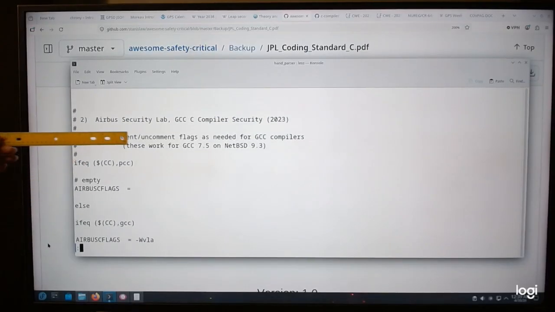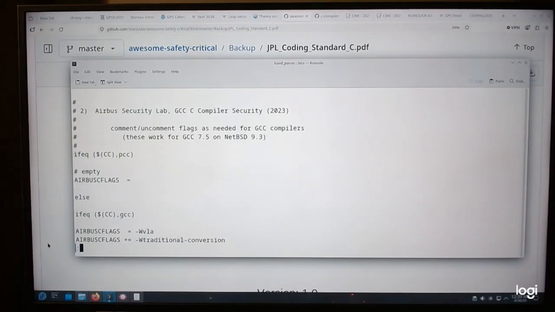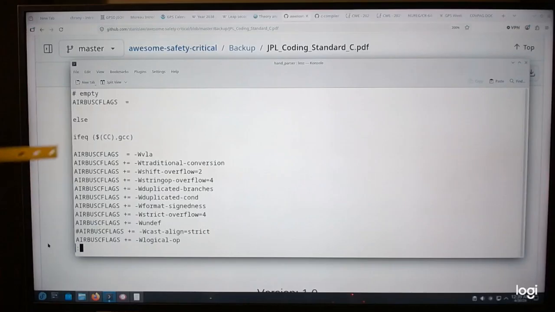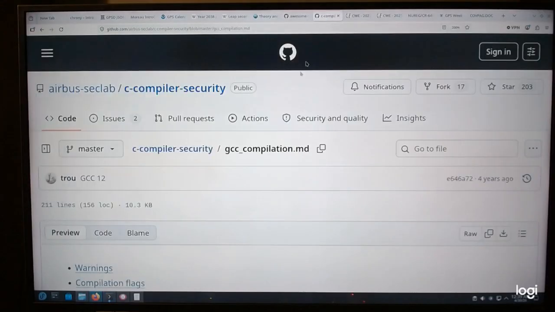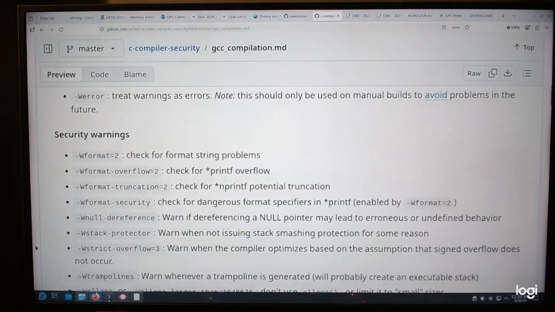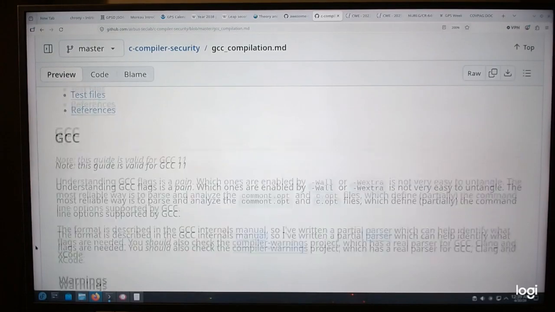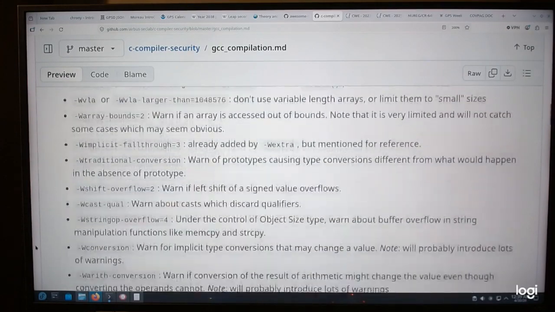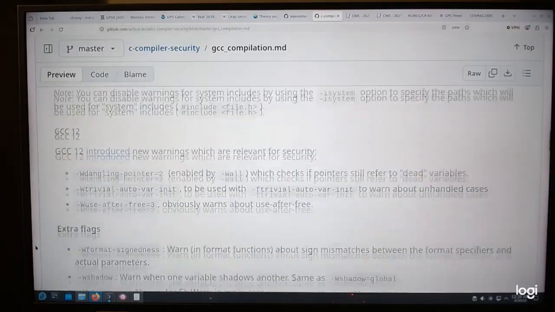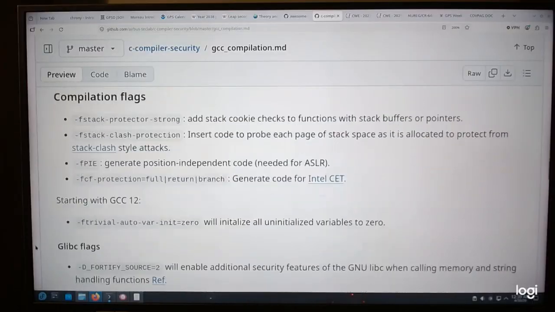For Airbus, I call these Airbus C flags, and these are those from the Airbus guidelines. Yeah, they have them for GCC and Clang.